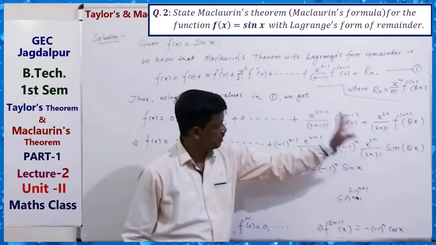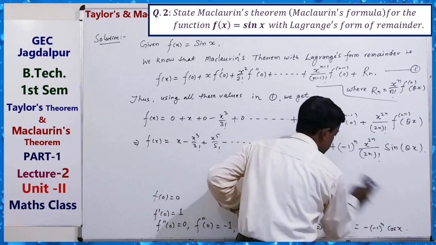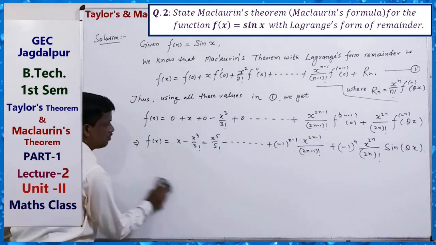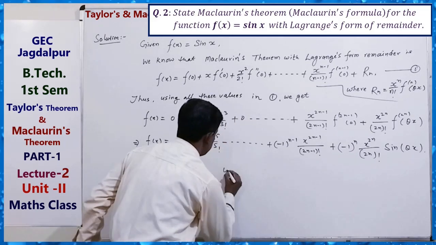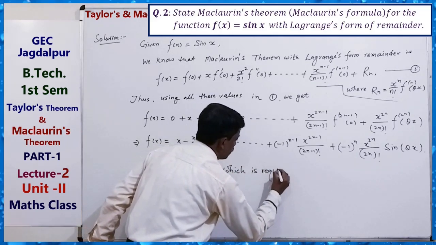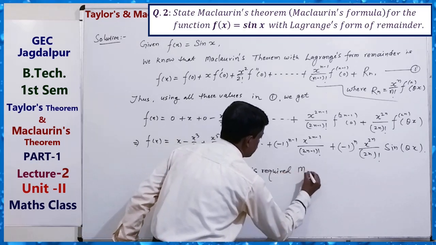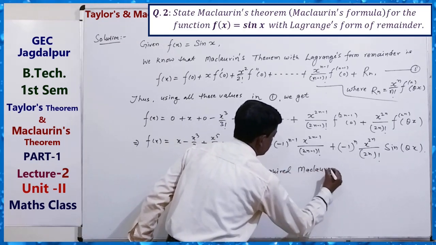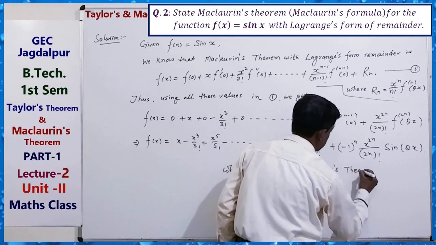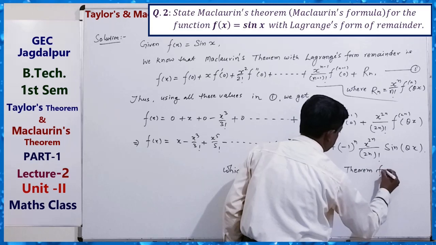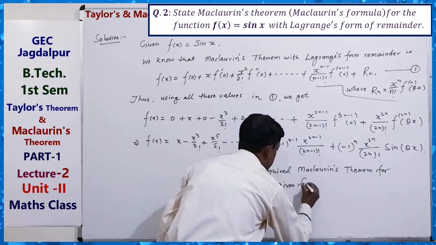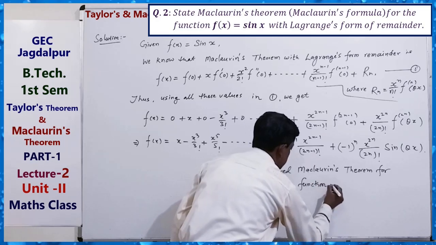And minus 1 to the power n is there also. So putting this together, this is Maclaurin's formula or Maclaurin's theorem for the given function.